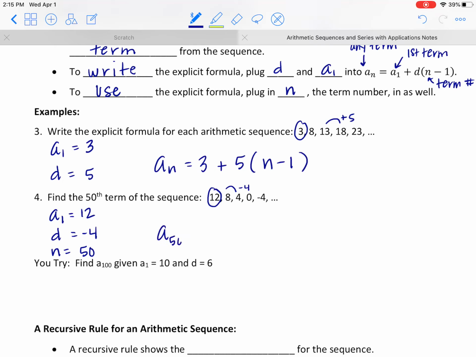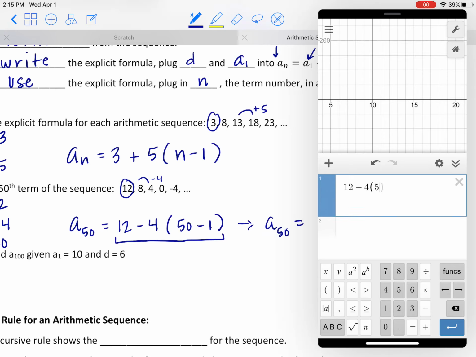It's going to be a sub 1, which is 12, minus 4, because our common difference is negative this time, multiplied by n minus 1, so 50 minus 1. And then this portion here is just going to go into the calculator, so that we could say a sub 50 is, and let's pull out the calculator here, okay?